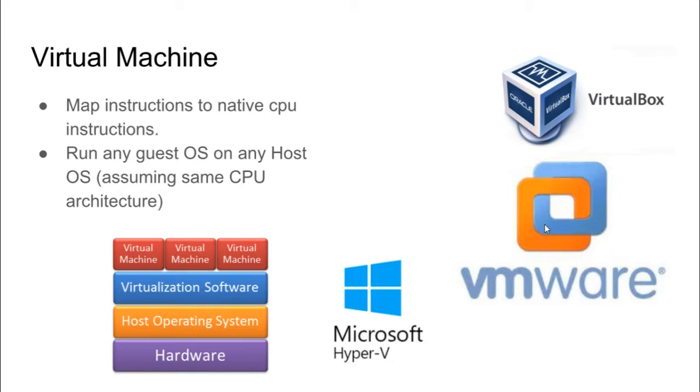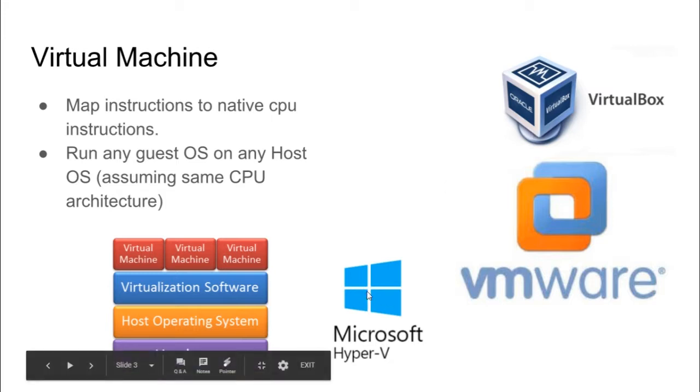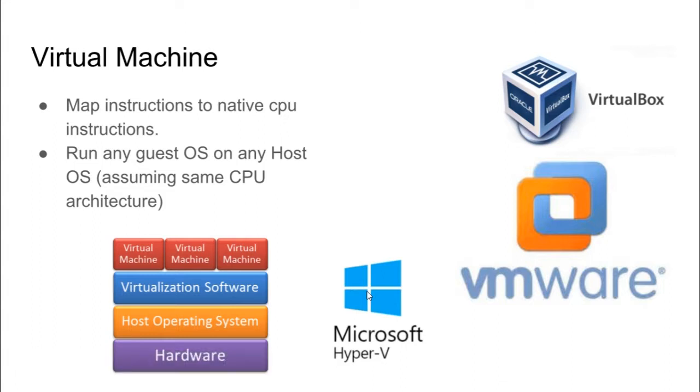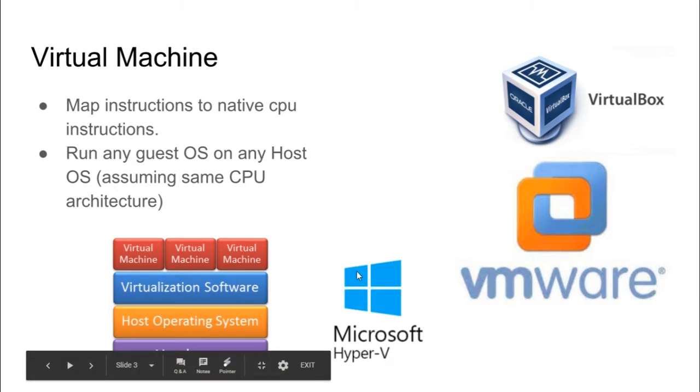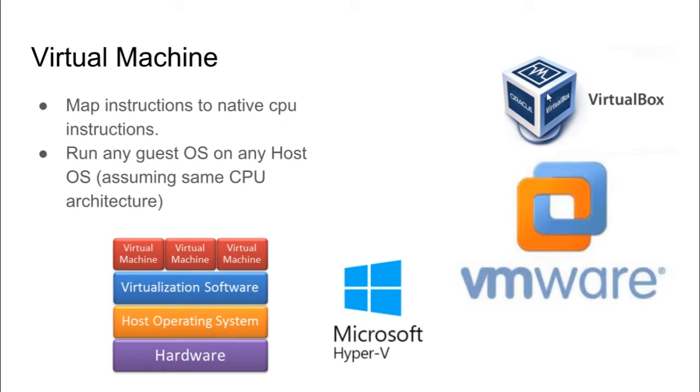VMware runs as an OS, and then you can go through its interface and create virtual machines that way. Whereas VirtualBox and Hyper-V, which I'm pretty sure are Type 2, run as programs inside of another operating system. Microsoft Hyper-V obviously runs inside of Microsoft. VirtualBox is platform independent. It can run on Linux, on Mac OS X, and Microsoft.